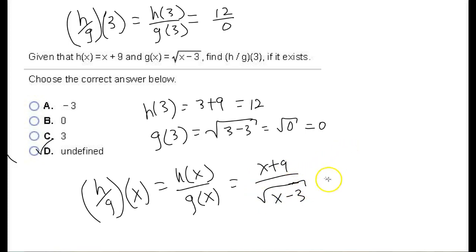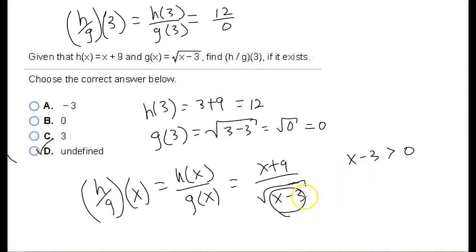And of course here, like we talked about previously, we know that if we have the square root of an expression in the denominator, although we normally say the expression has to be greater than or equal to 0, we cannot have the equal to part, and thus we just have to have greater than, because if we plug in 3 here, 3 minus 3 is 0, and square root of 0 is 0.